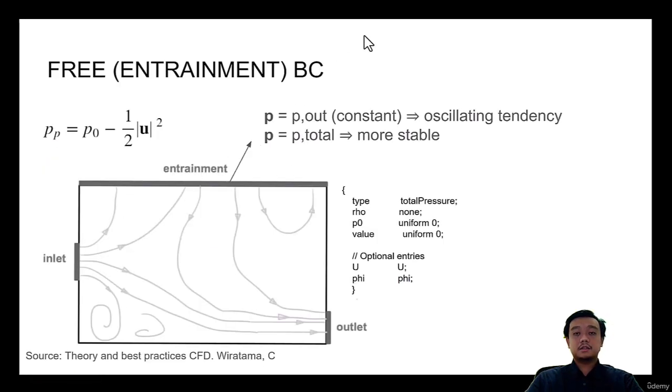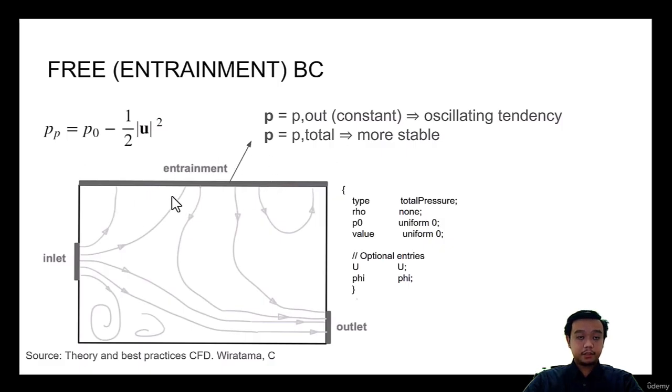Then there is also an important thing to consider, which is the free or entrainment boundary condition. Basically, if we define the entrainment, this location will act as the inlet and the outlet at the same time. So it will be an inflow condition and outflow condition in the same patch. This is sometimes tricky if we just use zero gradient with constant pressure, like the outlet pressure.